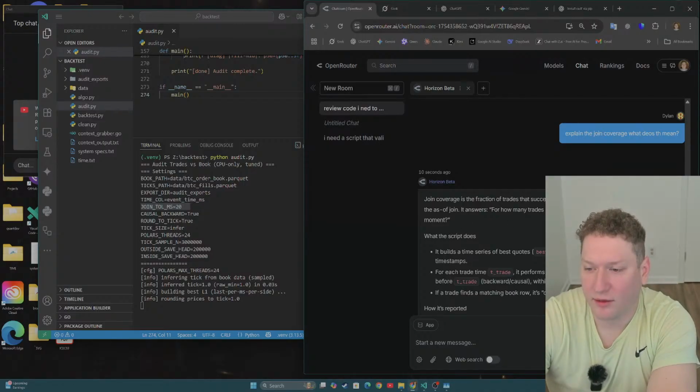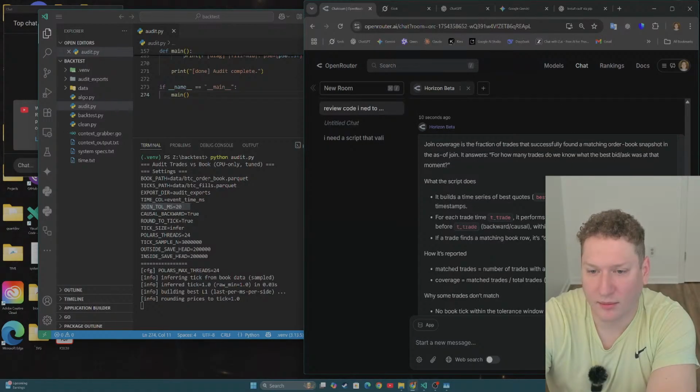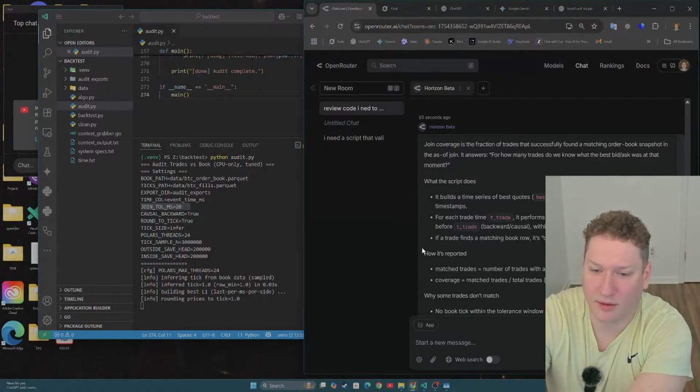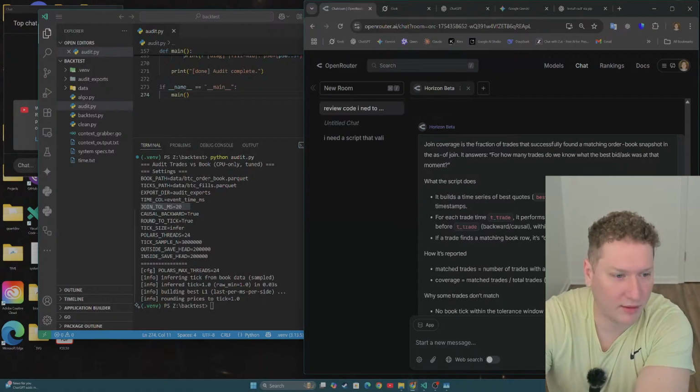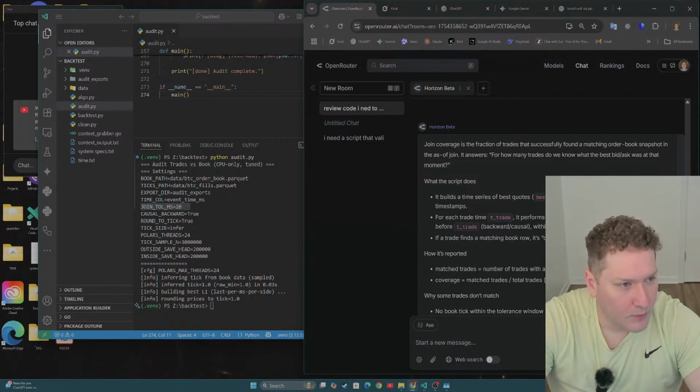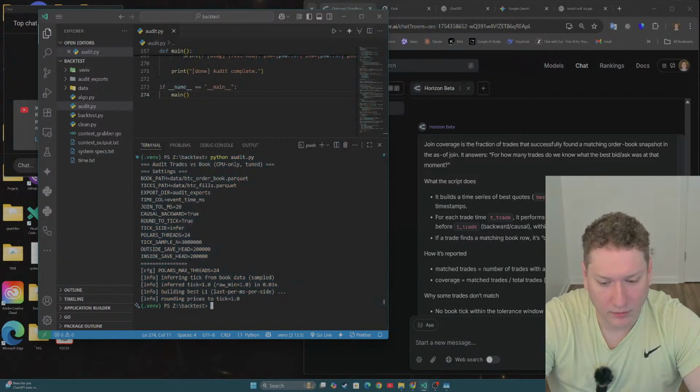For how many trades do we know what the best bid ask was at that moment? Okay, what the script does: it builds a time series of mid quote at milliseconds for each timestamp it performs. Okay.